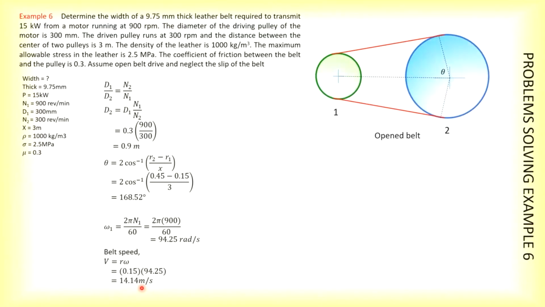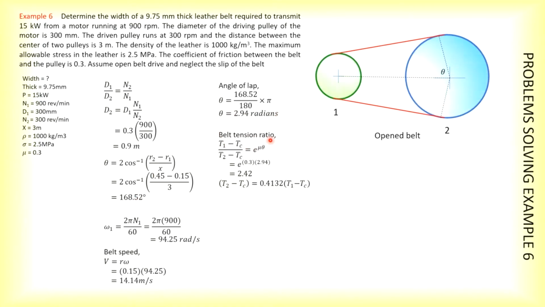In this question, again, you must consider the centripetal tension, or the centrifugal tension. So that is the angle of lap. You convert this from degrees to radians. Then, based on the belt tension ratio, this is again a flat belt, because it has width and thickness.